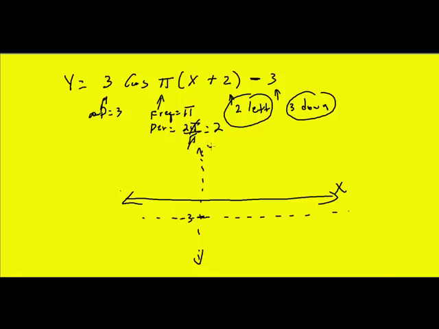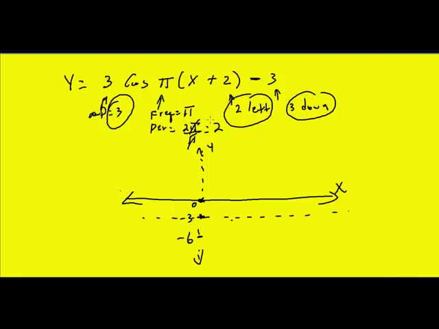So this is my temporary y-axis. This is my middle right here. Now, let's plot the amplitude. So I'm going to go 3 units up and 3 units down. If I'm at -3, I'm going to go 3 units up. It's going to put me right at 0. So that's going to be at 0. And then 3 units down, that's going to put me at -6.